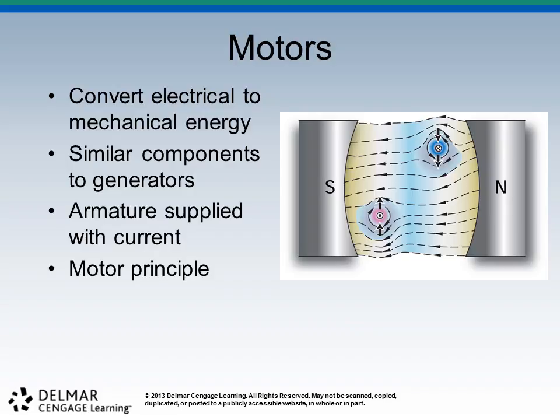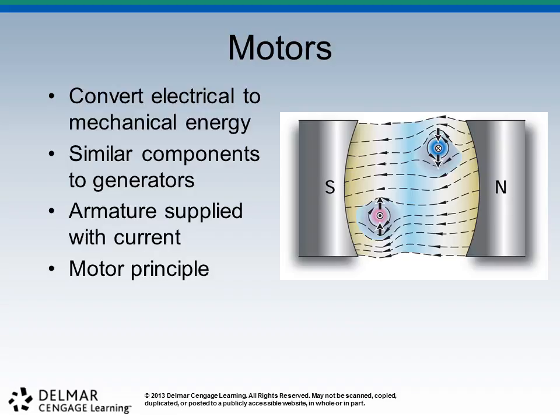But if you look at their configuration in the chapter, you'll see that they're very similar to what goes on with a generator. They work by what we call the motor principle. So if you look on page 74, underneath that highlighted part which says motors, it's the result of the interaction of magnetic fields.